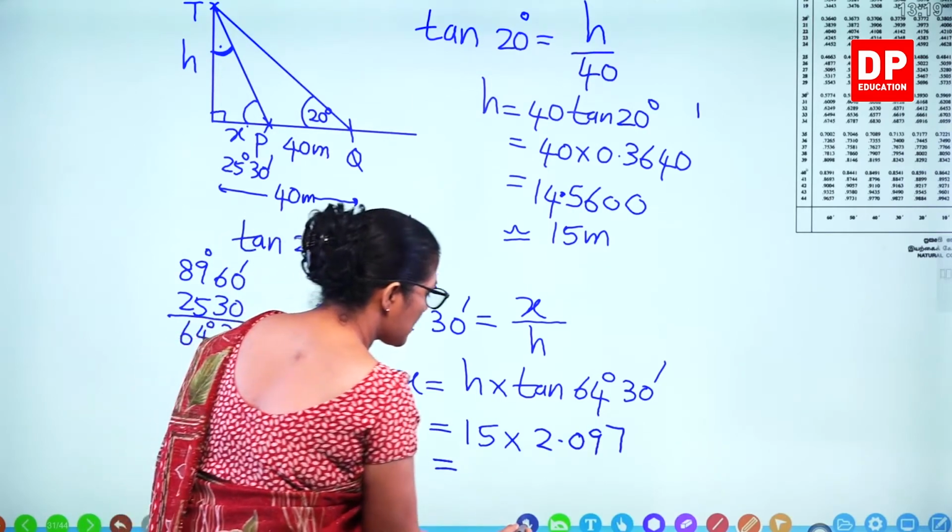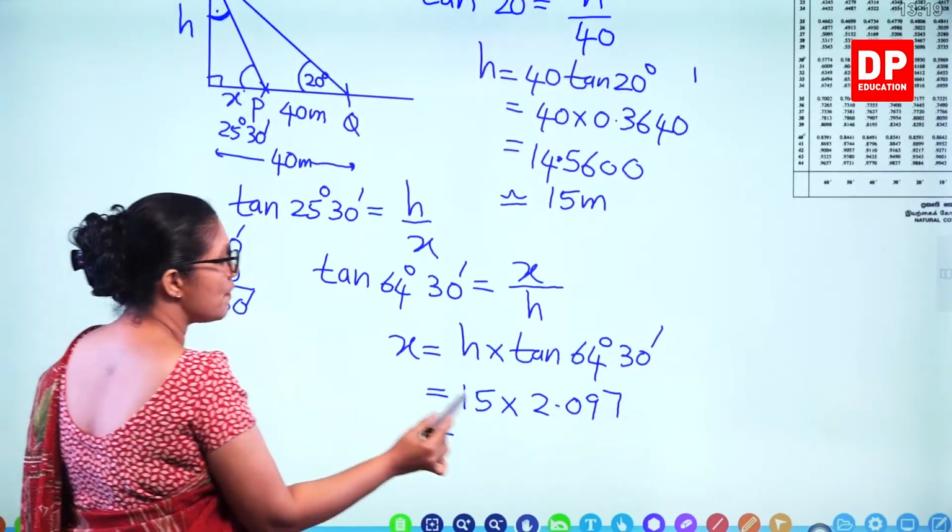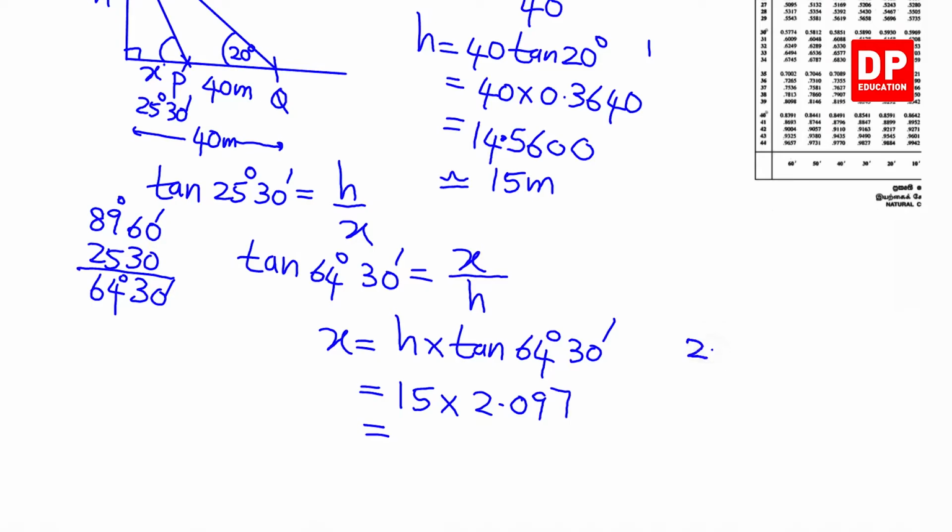So what is the distance? We need to multiply by 15. 2.097 multiplied by 15. Multiply by 10 and 5. So multiply by 1. 5 times 7, 35. 5 times 9, 45 plus 3, 48.